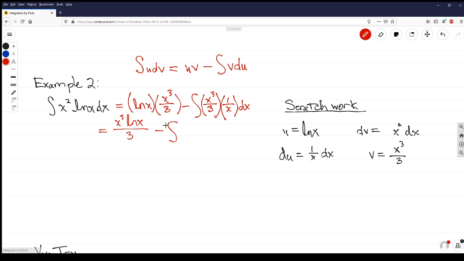I can also take the 1/3 out. So let's go ahead and do that. Times 1/3 times the integral. Now I'm canceling out an x, so it'll give me x squared dx. And again, this is something we can integrate.